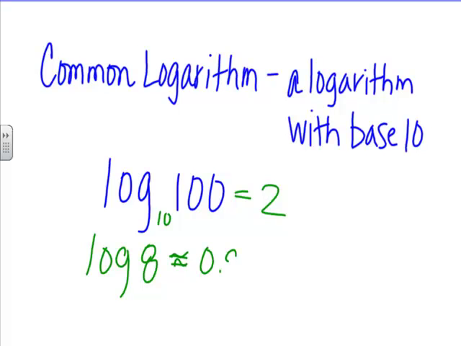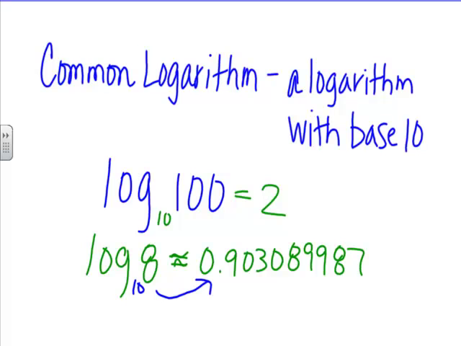It is 0.903089987, because our calc runs out of spaces. So, if you recall, the log of 8 is a common log, and in the end, really, there's a 10 there, so 10 to this yucky number will give you an 8, which your brain is never going to be able to tell you what that yucky number is.